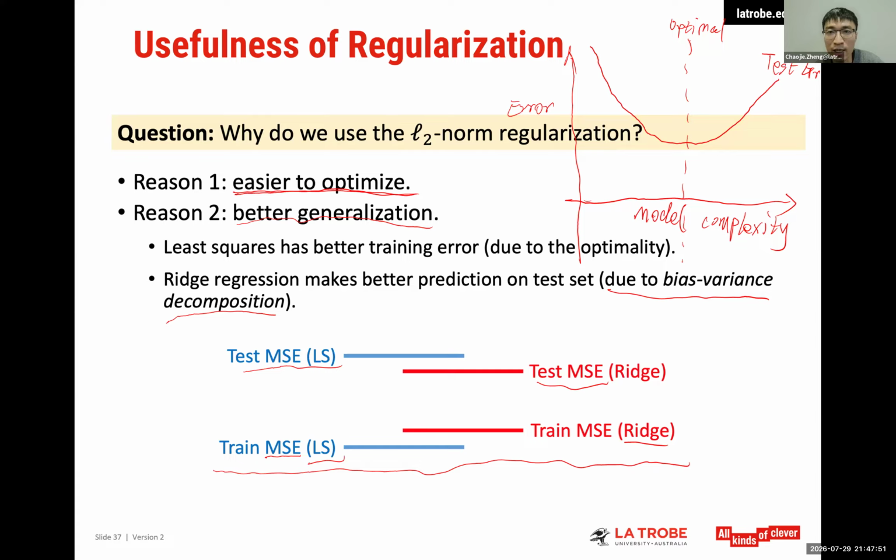We have seen this curve before when we talked about overfitting and underfitting problems. On the right-hand side of this optimal vertical dashed line, that would be overfitting, and on the left-hand side, that would be underfitting.